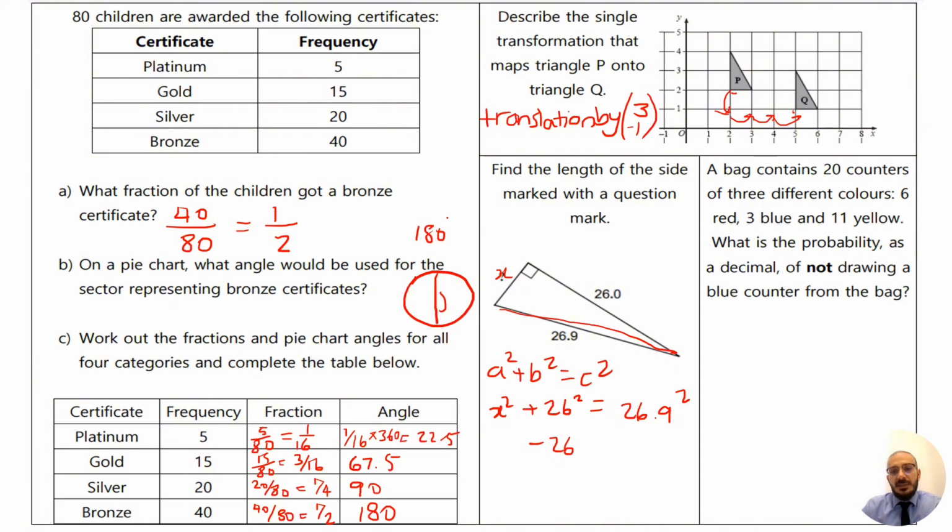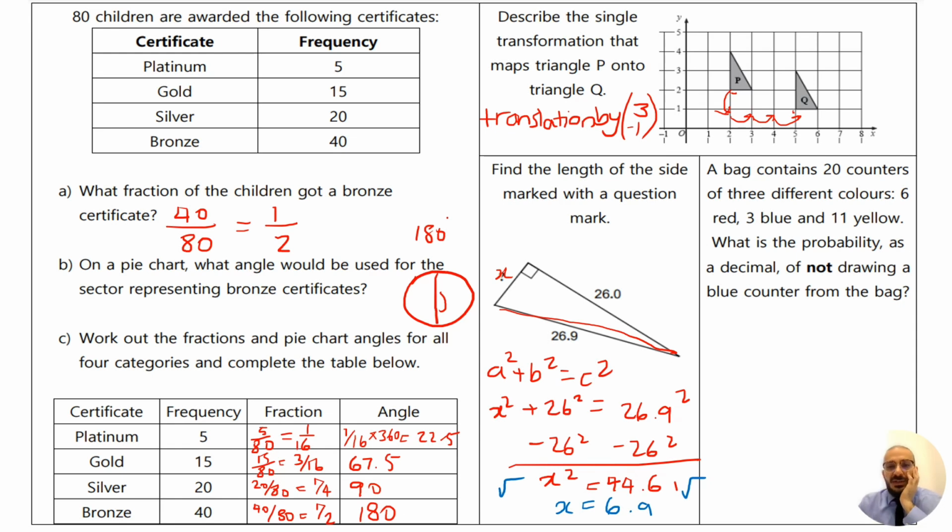So I need to take 26 squared away from both sides, which x squared would be 44.61. So I did 26.9 squared on my calculator, and I took 26 squared away, and it gave me 44.61. And in order for me to be able to get rid of this squared, I need to square root both sides. So x would give me 6.9.